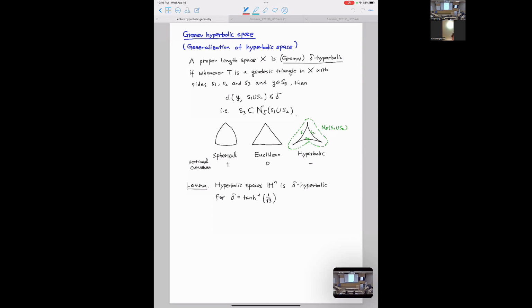So I will give some important properties and results about Gromov hyperbolic spaces.